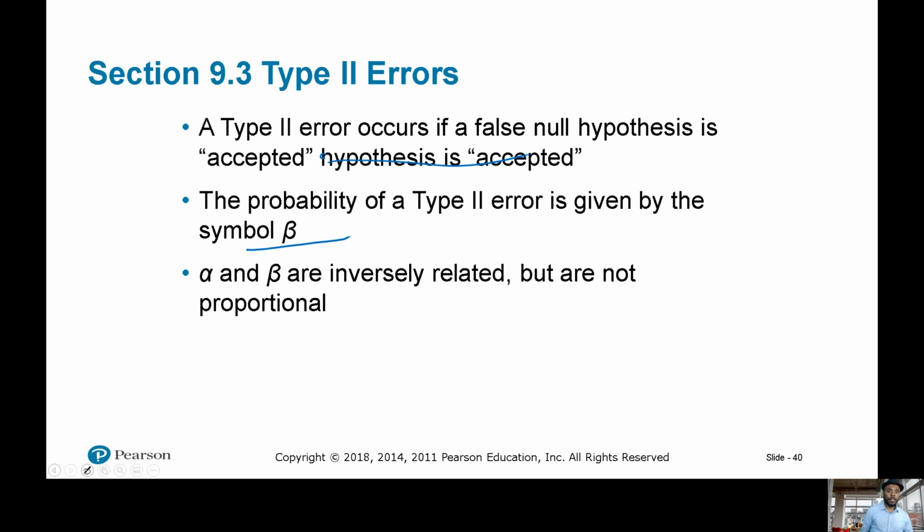Now, a type 2 error, like I said earlier, is not rejecting the null hypothesis when you should, and so not realizing you have found something out of the ordinary when in fact you have. Okay? Now, the beta is the probability of a type 2 error, not rejecting the null hypothesis when you should reject it.